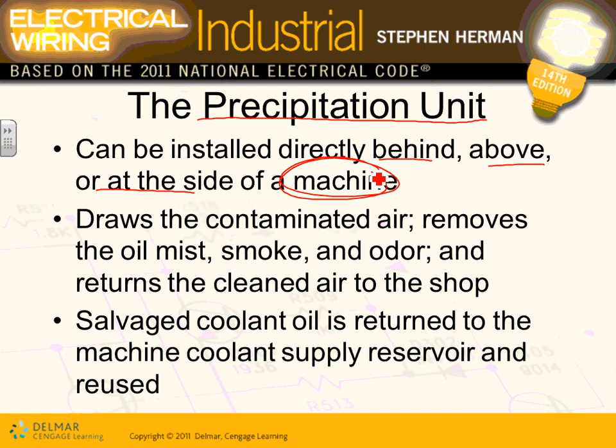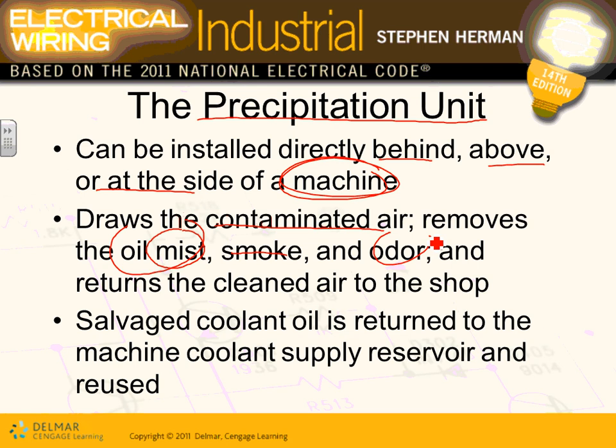What does it do? It takes the air right around where you're cutting and removes the mist from it: the oil mist, smoke, and odor. It separates the oil and puts it in a container, and it treats the odor or throws it outside. Because if you're cutting all day, guys, and breathing all these fumes, you're going to get cancer. So OSHA and everybody else require something called a precipitator right next to the machine.